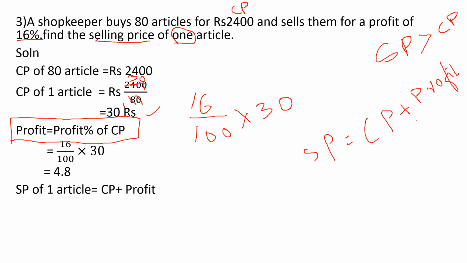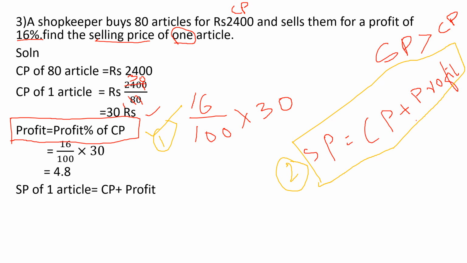Write down this formula also, because in some problems we'll be using it again. This is one formula. Profit is equal to profit percentage of CP, and this is the second formula we are using. So selling price of one article is equal to cost price plus profit.